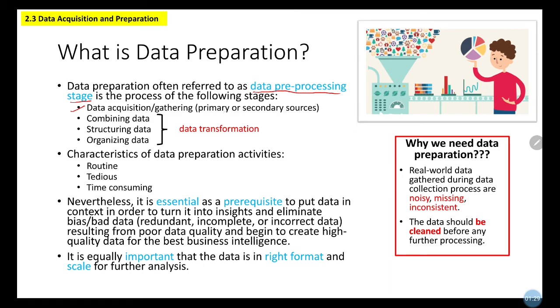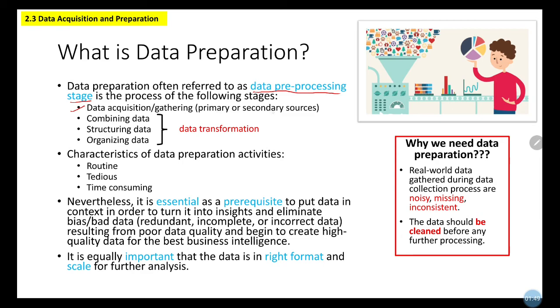Primary source means you collect your data yourself, meaning that it could be from survey, from observation, from focus group discussion. So you use your own data, so that is the primary data.